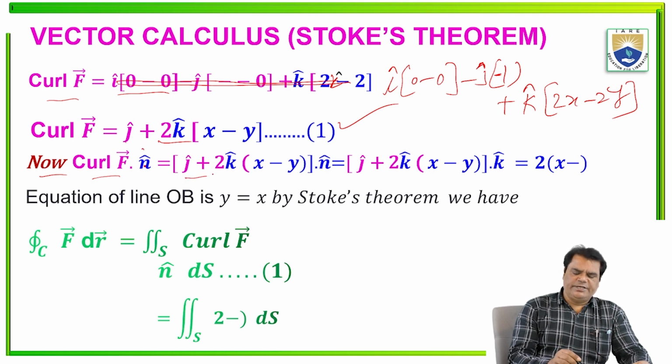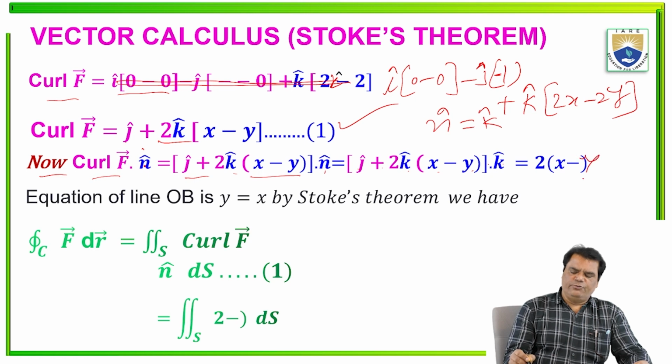So now curl F dot n. Curl F is j + 2(x − y)k, dotted with the unit vector n, which equals k cap. So writing j + 2(x − y)k dot k cap. Now multiply: j dot k is 0, and k dot k is 1.